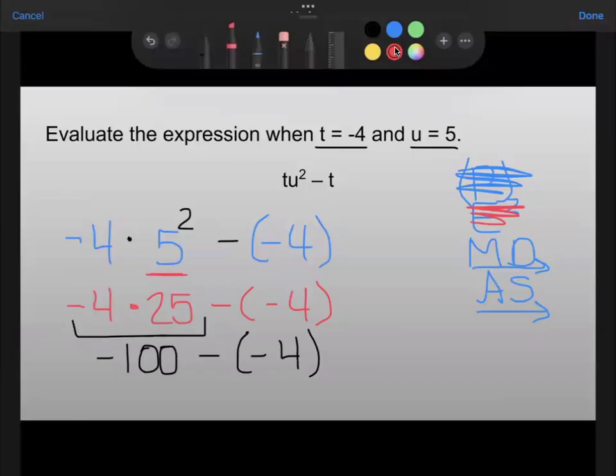So when you're subtracting a negative, you turn that to a giant plus sign. So what we're really doing is negative 100 plus 4, which should give us negative 96. So our final answer here would be negative 96 when this expression has these values for its variables.